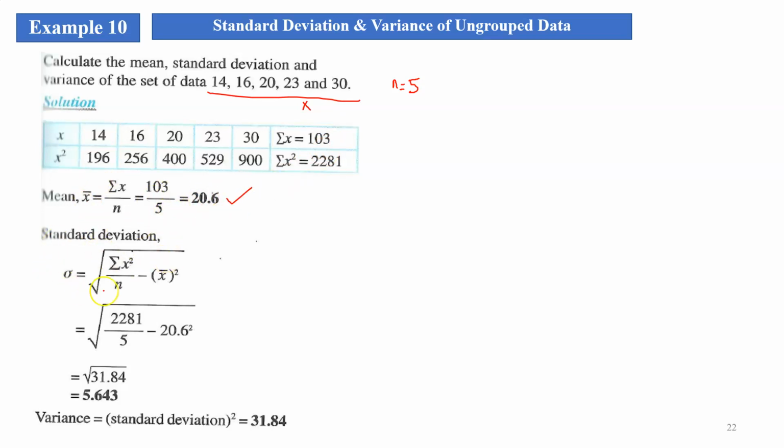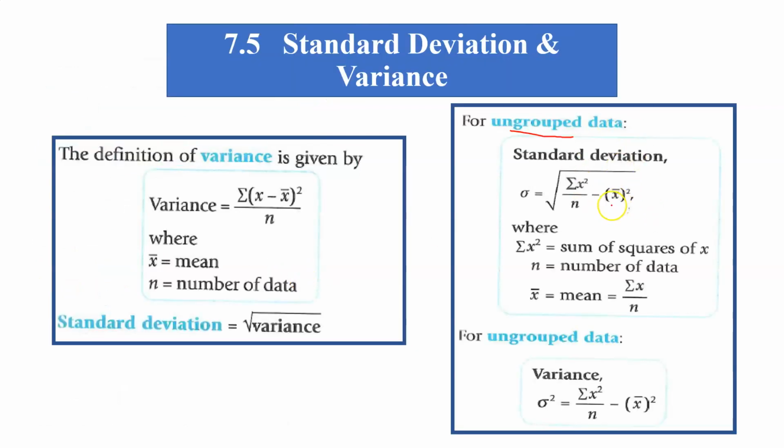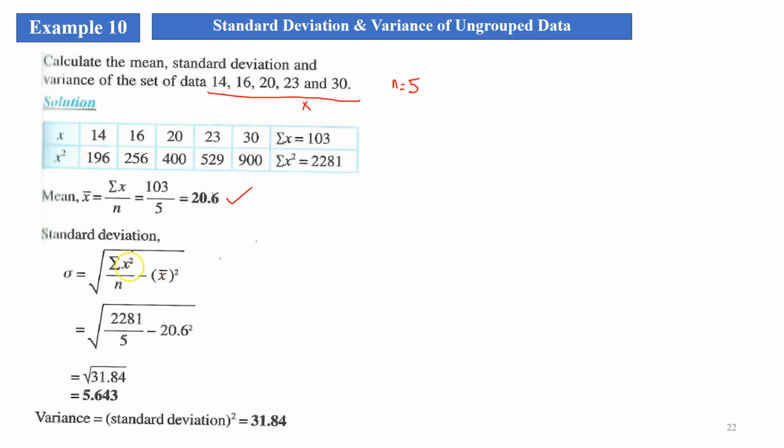And for the standard deviation, you use this formula, the formula given. Summation of x square, so you kena cari x square. This 14 square kan dia, you get 196. 16 square kan dia, you dapat 256. So hasil tambah yang ni, you get 2281, divide by 5 minus dengan your mean.